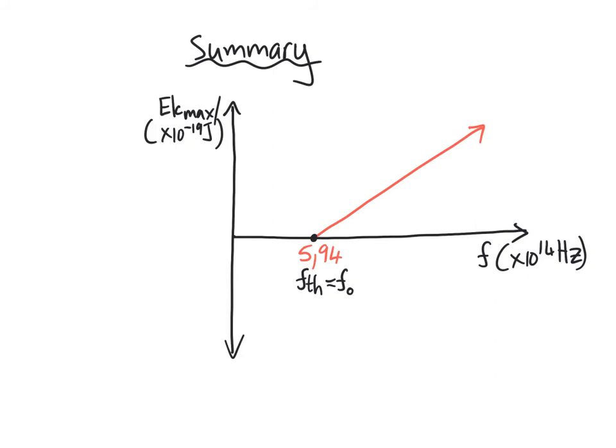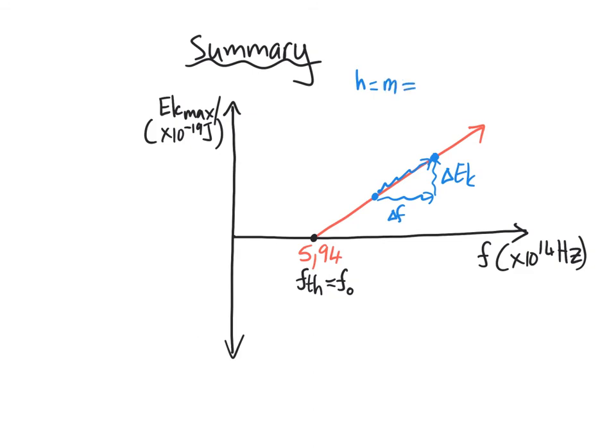If asked to use the graph to determine Planck's constant, then one needs to work out the gradient between 2 points on that graph. So that would be rise, which is the change in kinetic energy, over the run, which is the change in frequency. So Planck's constant would equal the gradient, which in mathematics we refer to as m.